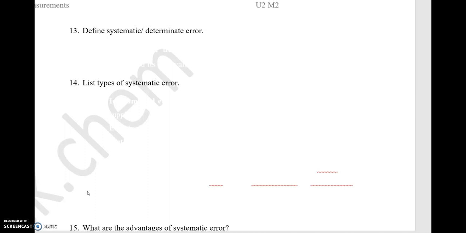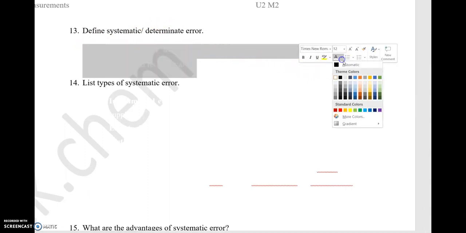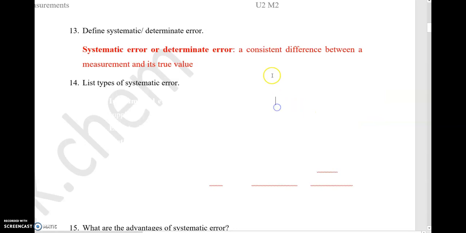Now let's move on to looking at systematic or determinate error, keeping in mind random error affects precision, so that means systematic or determinate error will affect accuracy. Let's start with our definition of what is systematic or determinate error, and it is considered to be a consistent difference between a measurement and its true or accepted value.